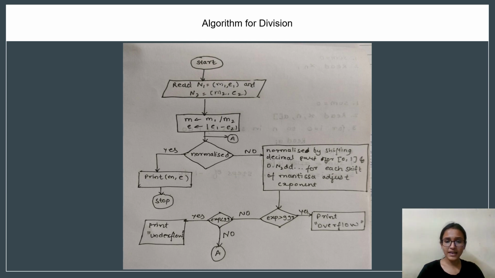If it's not normalized, we will normalize it and then check for the overflow and underflow conditions. If it's normalized, we will directly print the numbers. So this is the flowchart for the division of numbers in the computer.